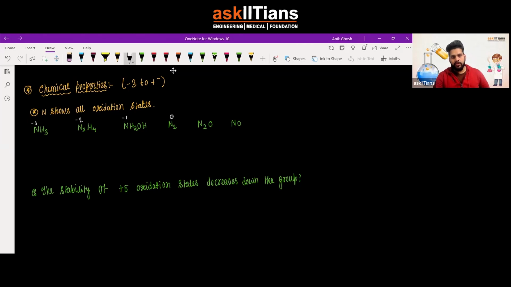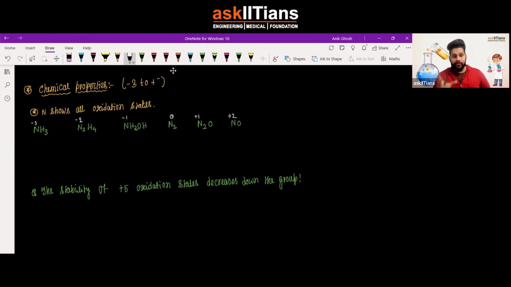This should be 0, then +1, and this should be +2. So these are the values that you're supposed to get from here, right? Now, what you see, guys, we have the oxidation state starting from -3 all the way to +2.